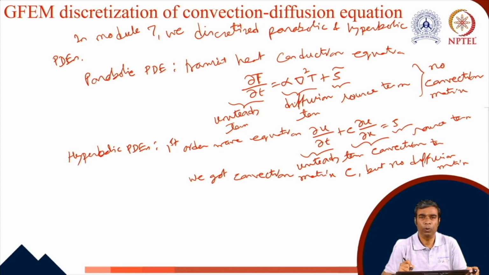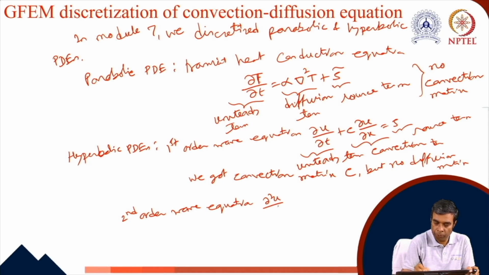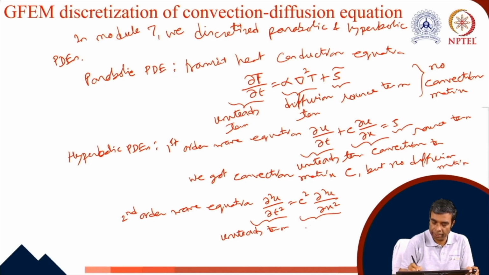Finally, we showed the semi-discrete form of the second order wave equation, del 2U del T2 equals to C square del 2U del X2. So the left hand side represents the unsteady term. The right hand side represents the diffusion term.